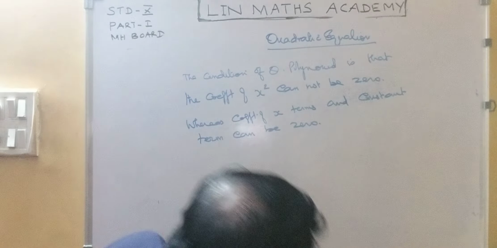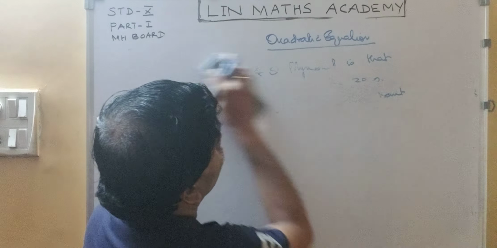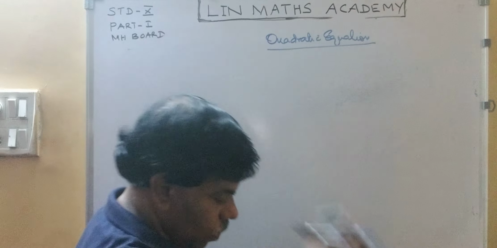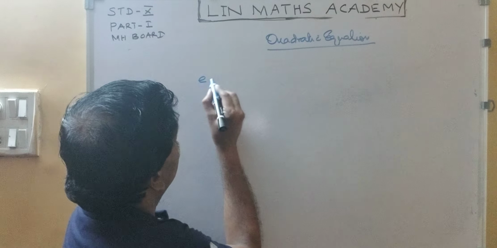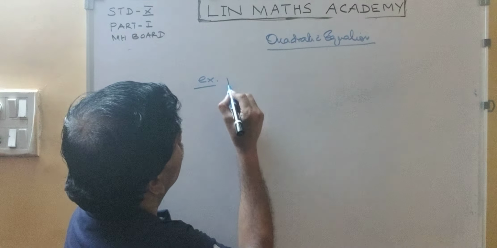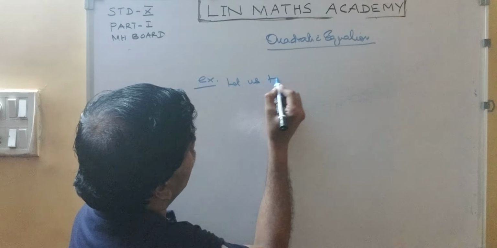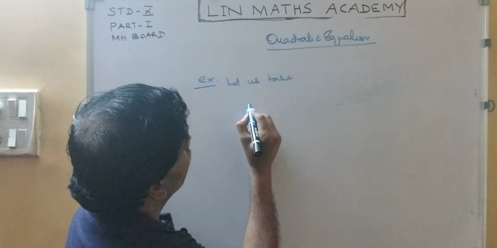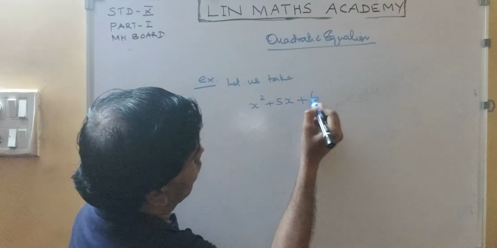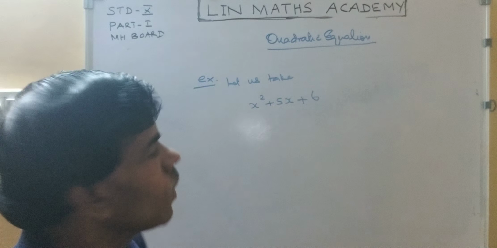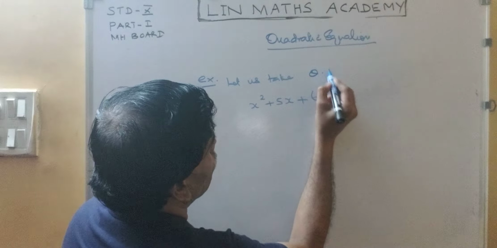Okay. Now, one quadratic polynomial is there. For example, let us take x square plus 5x plus 6.